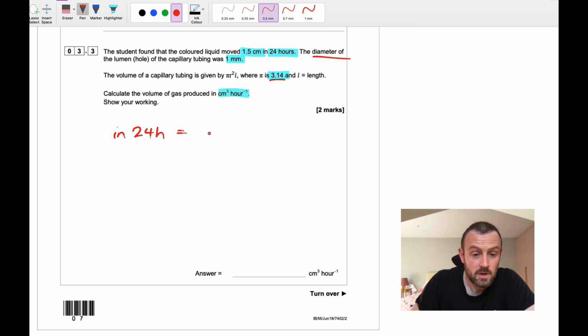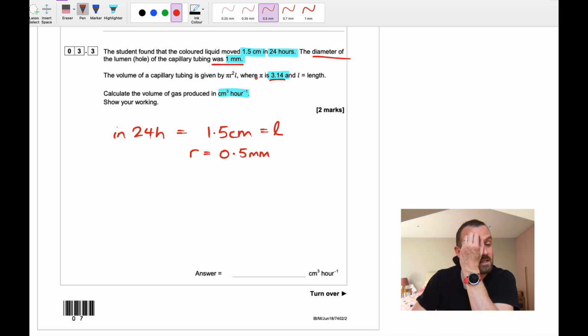Okay, well, 1.5 cm equals the length, but we want to do pi r squared times the length. Now, what is r? r is equal to 0.5 millimetres. Did you spot that? Because the diameter of the tubing is 1 millimetre, so the r is 0.5 millimetres.